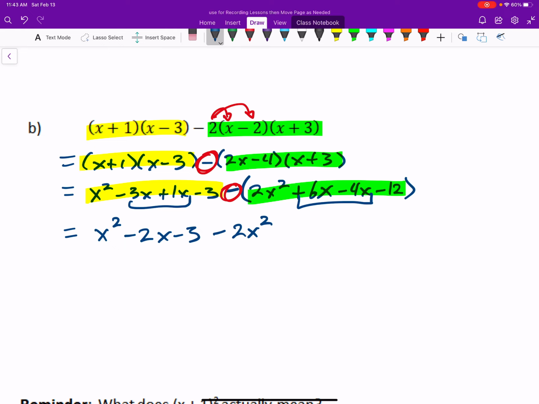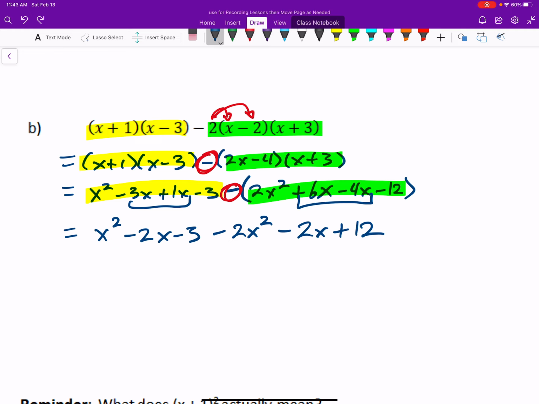That becomes 2x when I combine those two. But then when I change the sign, take off the brackets, it becomes minus 2x. And then this becomes a plus 12 when I give that the opposite sign, again due to that minus sign in the middle. You don't have to write them out in the exact same order I did, but you have to be very careful about your signs, and you have to collect your like terms.